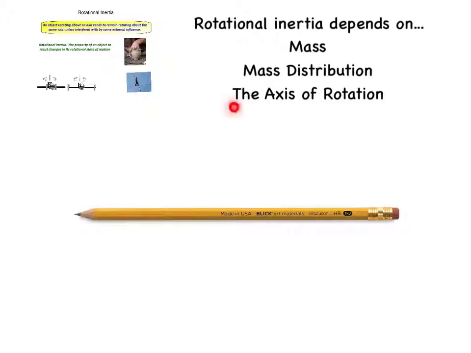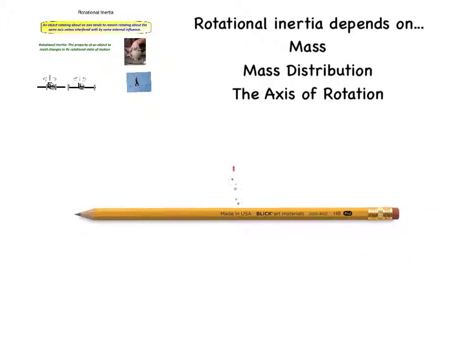Let's think about this axis of rotation for a minute. Look at this pencil here. There are three axes of rotation that this pencil could have. First, it could rotate around its central core parallel to the length of the pencil, so the pencil would rotate in this direction.